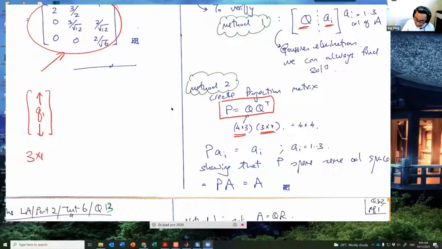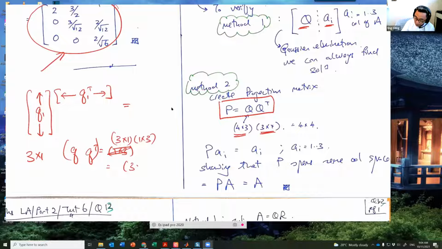Q transpose is 1 by 3. What do I get? 3 by 3. This is sometimes called the outer product. I take a column vector and multiply by its transpose, and I get a square matrix.